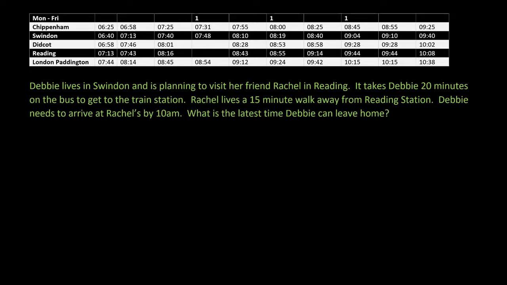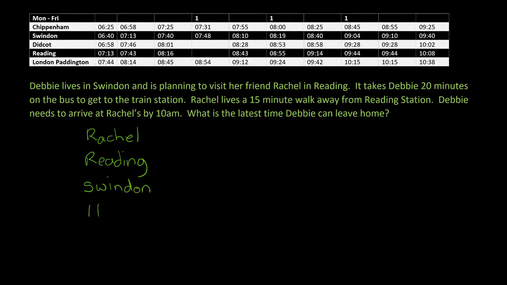So 10 o'clock she's got to get to Rachel's. So let's set this up. We're going to work backwards. Rachel is the end destination. Before Rachel she arrives at Reading station. Before that she leaves Swindon station.